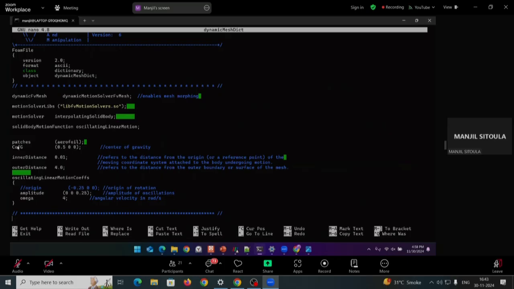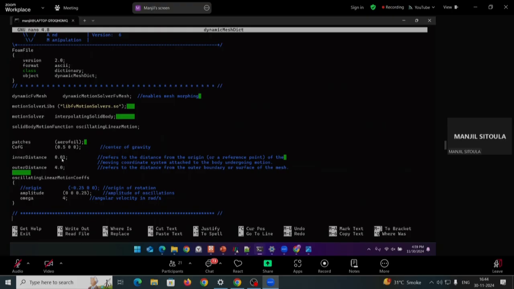In the interpolating motion solver, we have used the inner distance and outer distance. These values determine the scaling factor for the mesh. If we draw a circle of radius 0.01 and a circle of radius 4, then inside the radius of 0.01 there is actual mesh movement with no deformation.